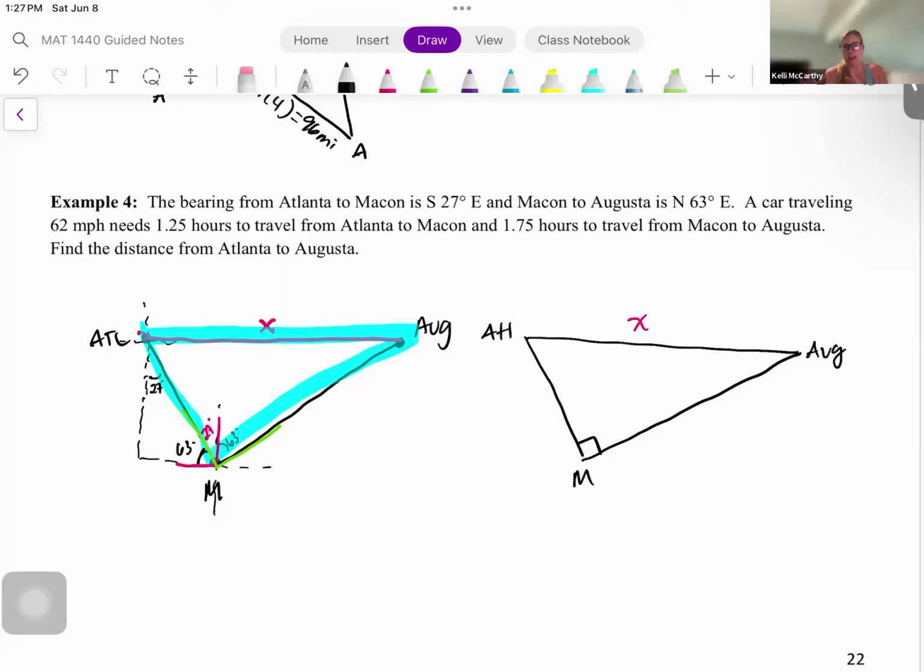We've removed a lot of that extra stuff, but let's add those side lengths. We know that a car traveling 62 miles per hour needs 1.25 hours to travel from Atlanta to Macon, which means that the distance between Atlanta and Macon is 62 times 1.25.